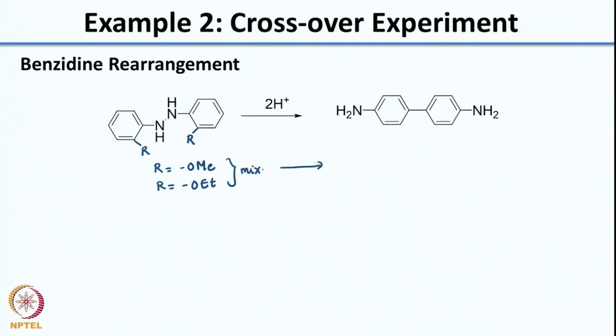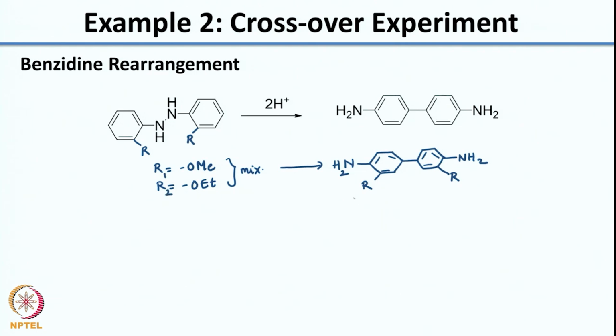you get only 2 products, and the 2 products correspond to, so these are the 2 products formed. So, let us call this R1 and R2.